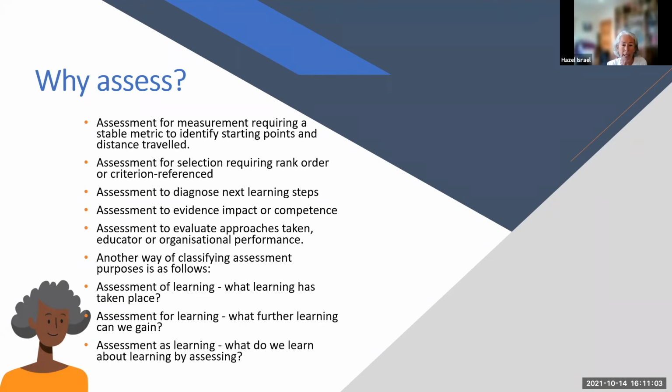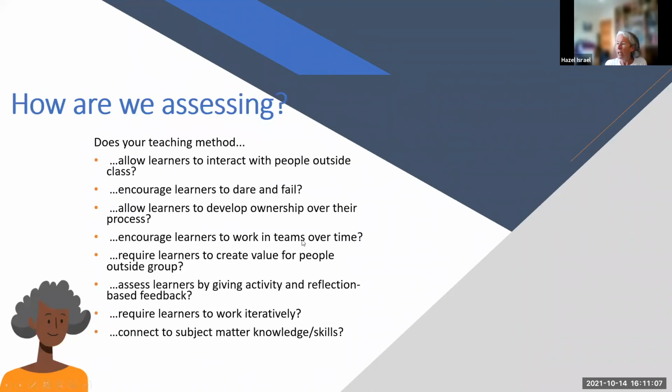Okay, so then in terms of how are we assessing and the methods, here are some questions which have been used to help educators reflect on their practice. But when we talk about constructive alignment and desirable forms of entrepreneurial learning, these questions could also be used to test our assessment method and design.